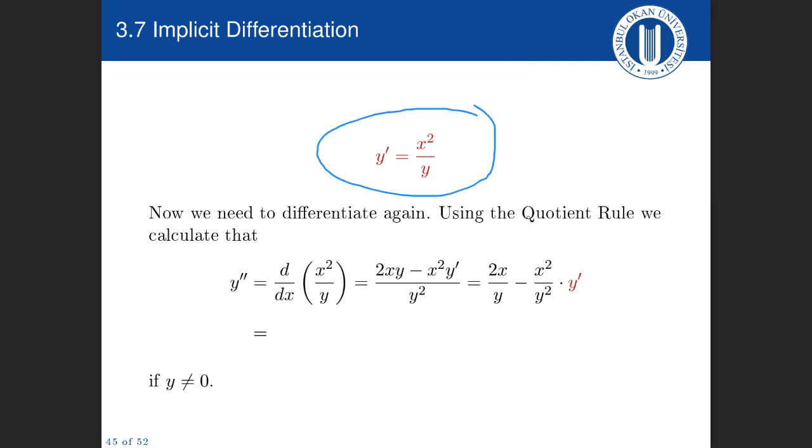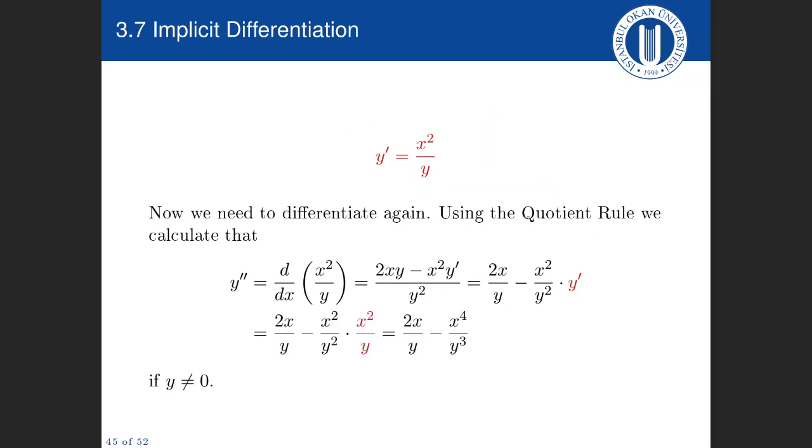But we know y prime. We know that y prime is x squared over y. So we can substitute that in. 2x over y minus x squared over y squared multiplied by x squared over y. That simplifies to 2x over y minus x to the power 4 over y cubed.